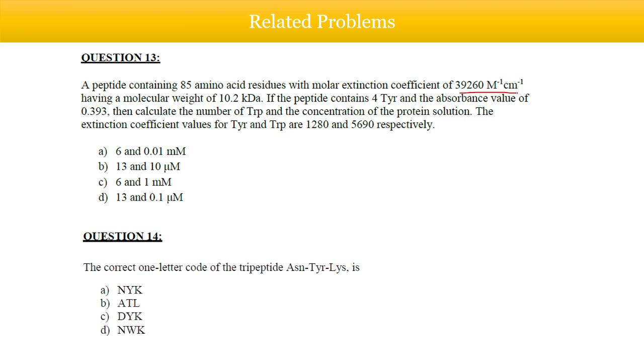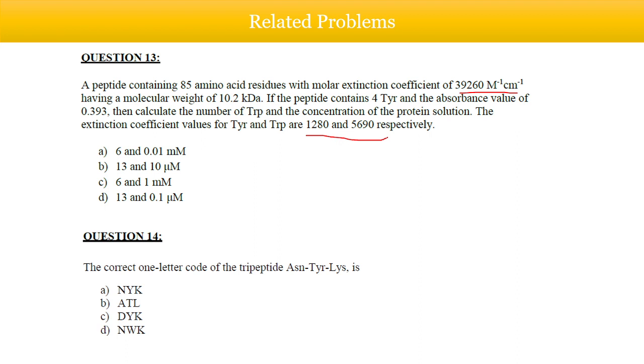Also you know the extinction coefficient of tyrosine and tryptophan. So when you calculate 4 into 1280 plus x into 5690 equals 39260, then you can calculate x, and it comes to be 6. So there are 6 tryptophan residues.